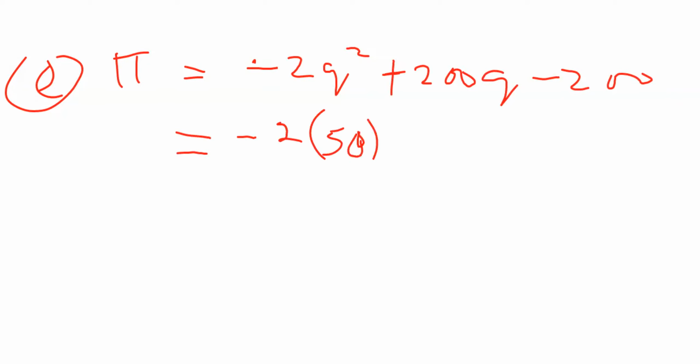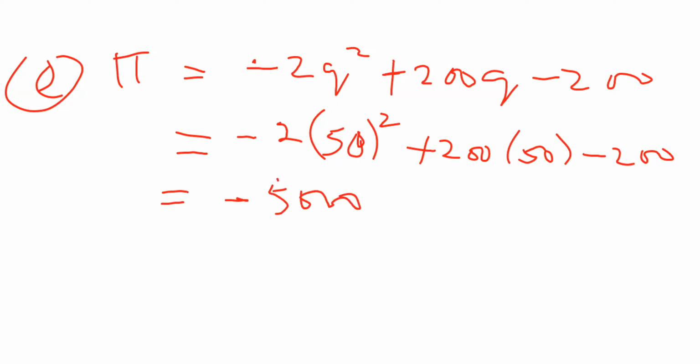Minus 2 times 50 raised to power 2, plus 200 times 50, minus 200. 50 squared is 2,500. That will be minus 5,000. Plus 200 times 50, which is 10,000.